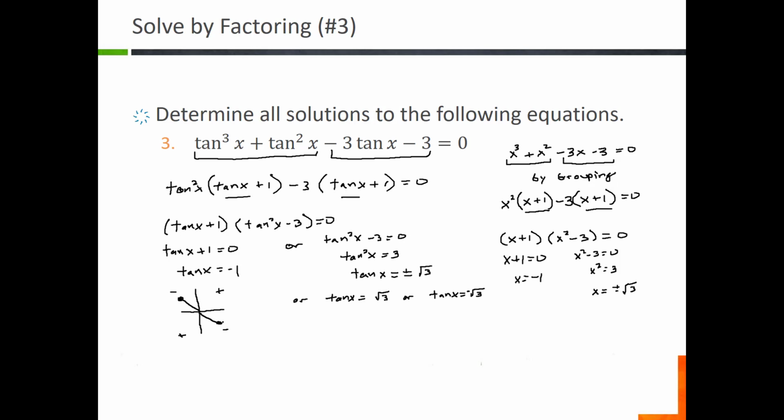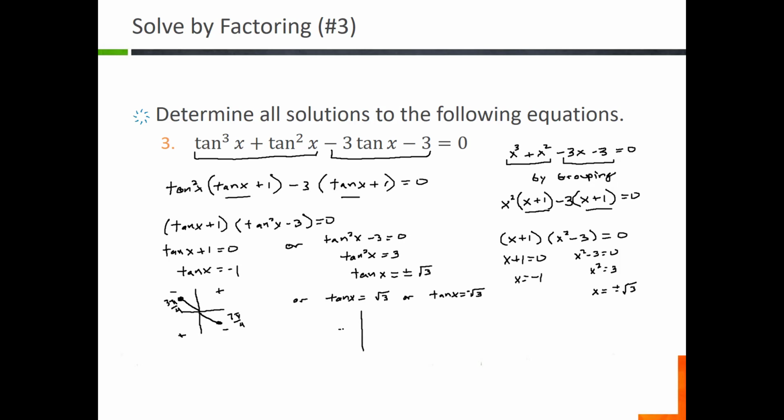That's going to be at our 45-degree angle, or our pi over 4 angles. So if we look at pi over 4 in the second quadrant, that'll be 3 pi over 4. And in the fourth quadrant, it's going to be 7 pi over 4. So we have 2 angles. All right. If we look at the tangent of x equals square root of 3.